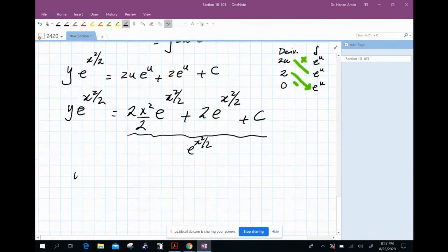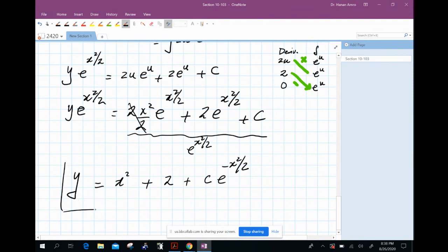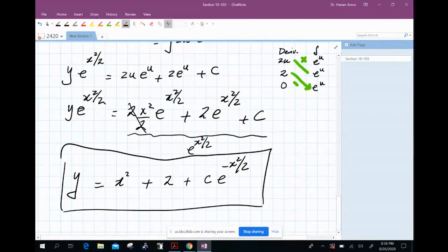Let's just simplify this. y is equal to x squared, because when we divide, this whole thing cancels out, plus 2, because this also cancels out, plus c times e to the negative x squared divided by 2.